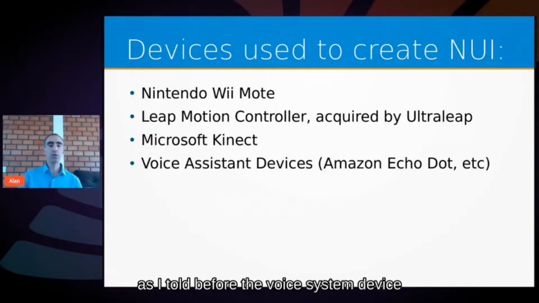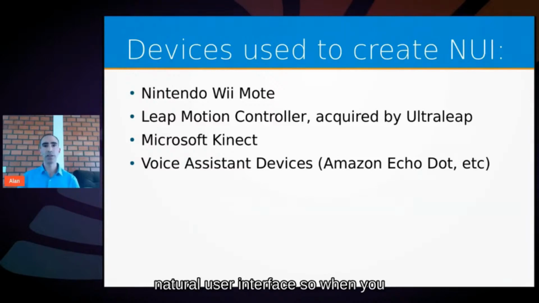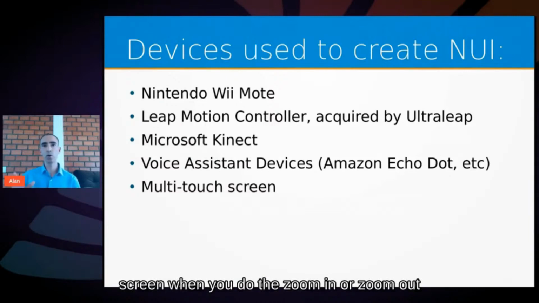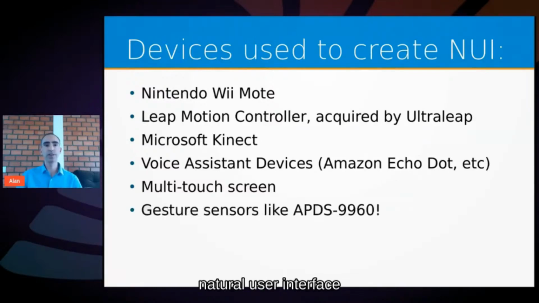As I said before, voice assistant devices can also be an example of natural user interface. So when you interact with Alexa, actually you are using a natural user interface. Also the Nuttx screen, when you zoom in or zoom out, you are also using natural user interface.